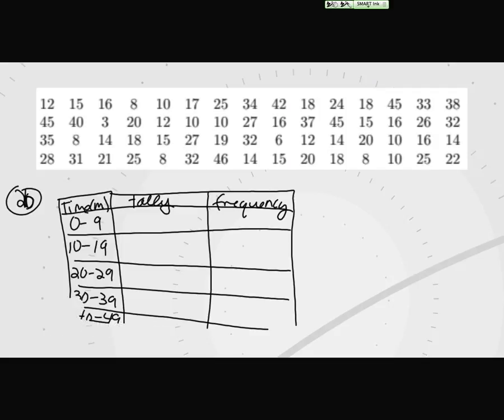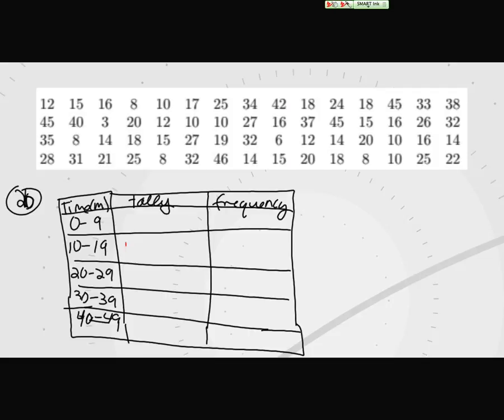So if I wasn't doing this with you, what would you guys do next? So we copied the table, but how would you complete it? Yeah, the tallies. You would just take your time, be careful. It's really easy to make small mistakes here, and just tally it up.